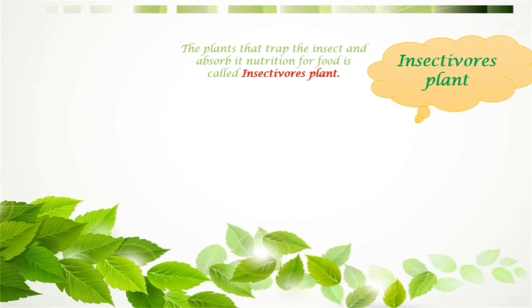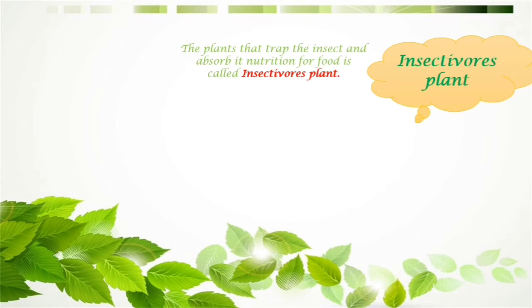So why do they have to do this? Let us see. These plants have chlorophyll in their leaves. They will be able to prepare the food through the process called photosynthesis, but they also require some nutrients, right? Not only water is required for the entire plant to grow. Along with the water, some minerals also have to be there.